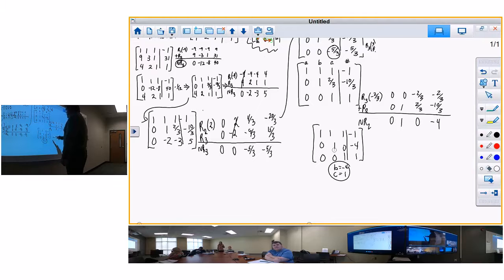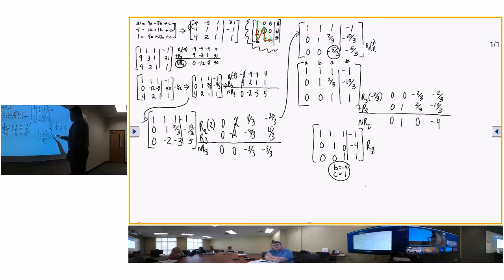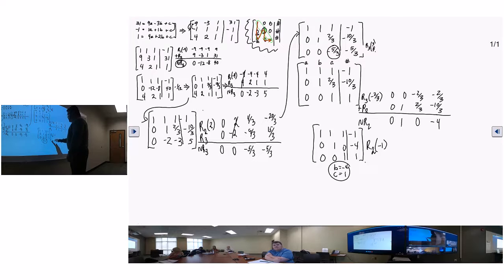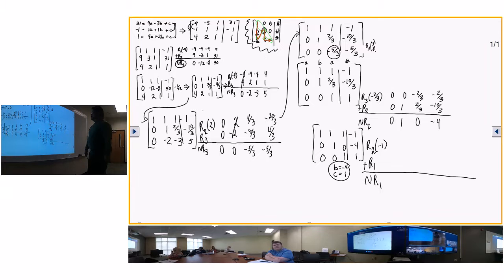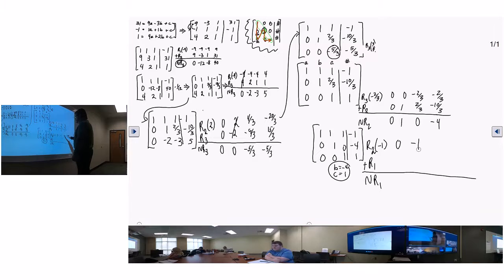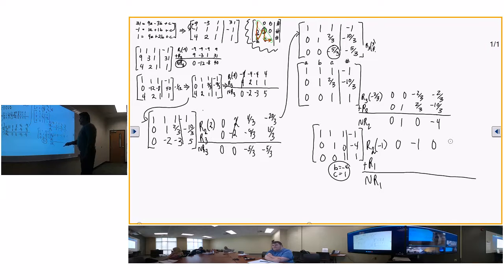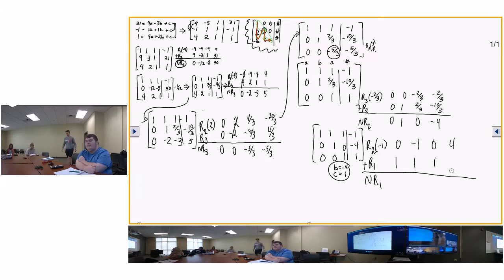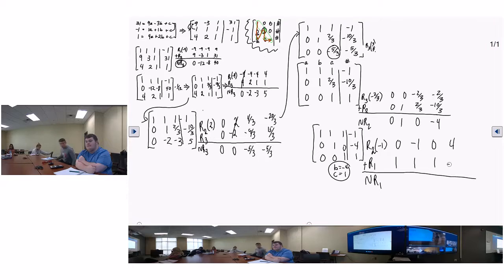So I'm going to take row 2, multiply by -1, add it to row 1 to get what? New row 1, Hubert. So row 2 times -1: 0, -1, 0, 4. Add it to row 1. Okay, there it is.